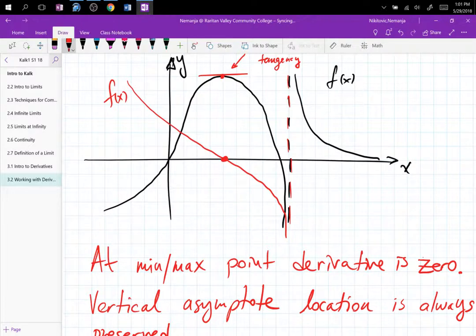Now, after the line, this is a decreasing function, so it better have all the negative values. Again, because the black part, the original function, is decreasing, so you better have negative derivative at that point.